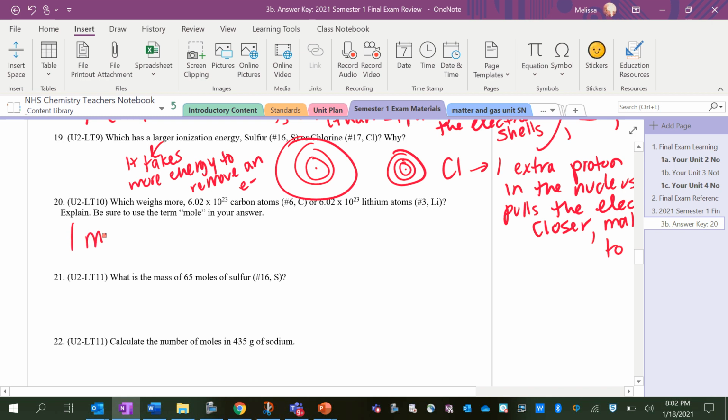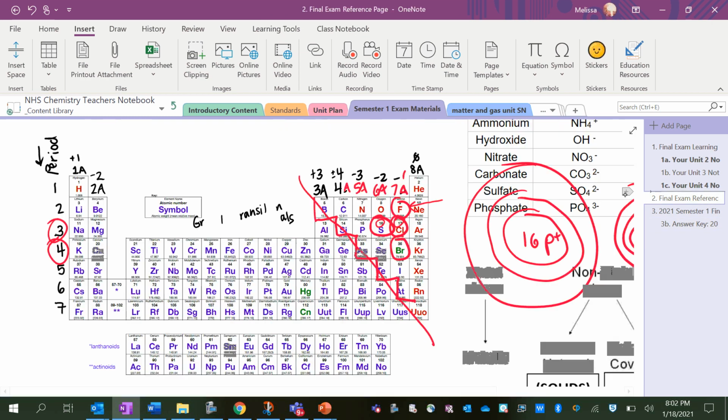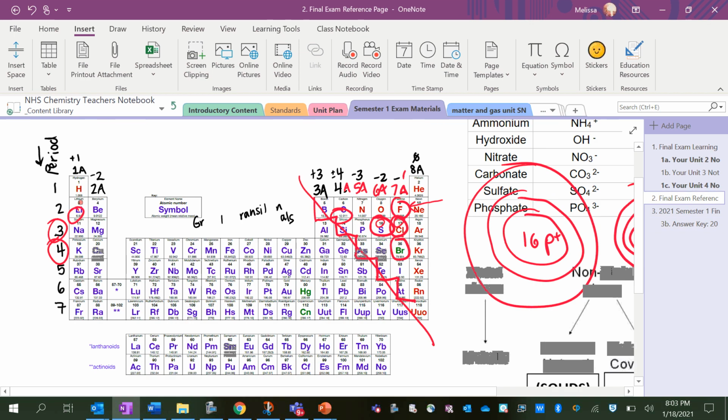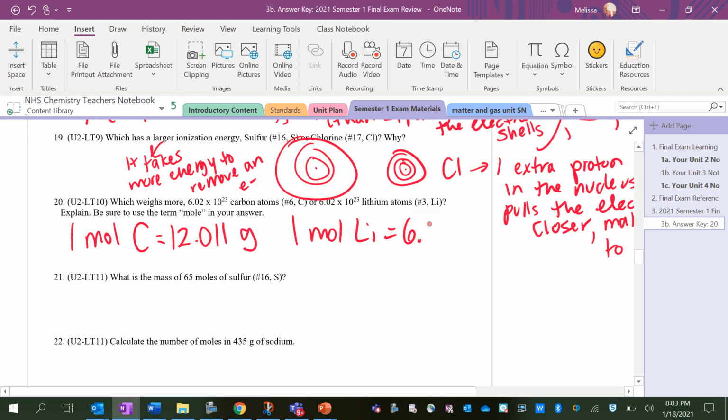So according to the periodic table, 1 mole of carbon atoms is equal to the number at the bottom. So in this case for carbon, 12.011 grams. And 1 mole of lithium atoms is equal to 6.94 grams.